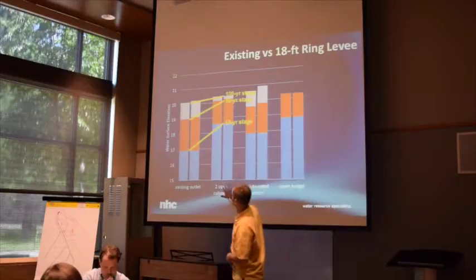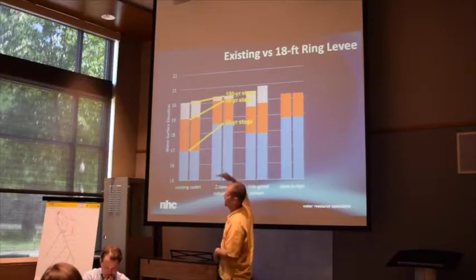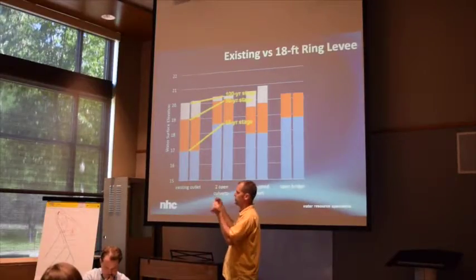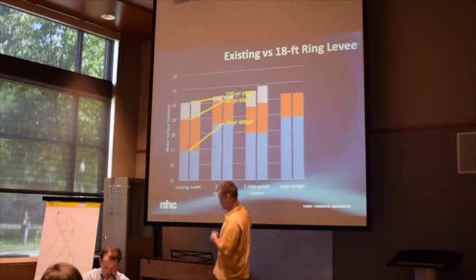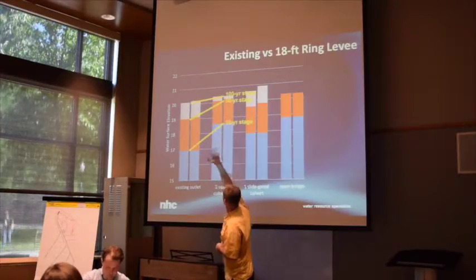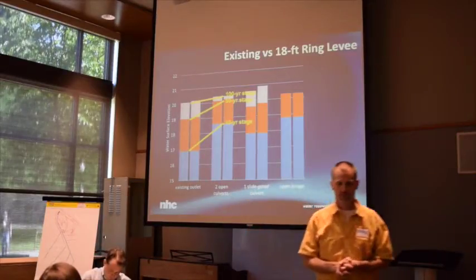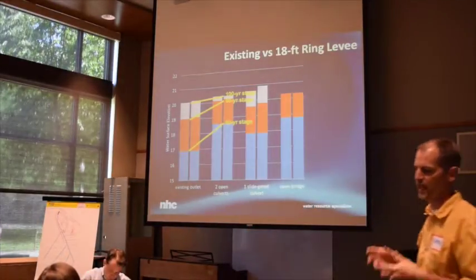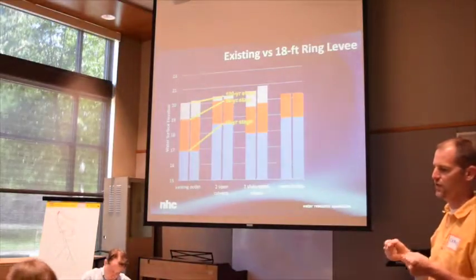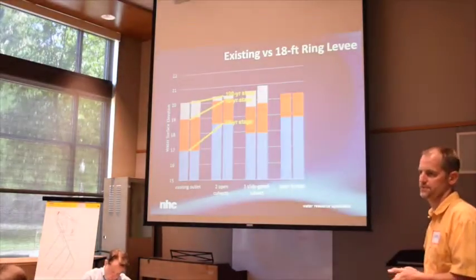But the impact of those gates, as the floods become less frequent and larger in duration, they have less impact as the storms get larger. The gates are more impactful at the more frequent events.